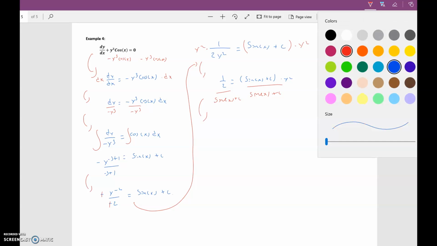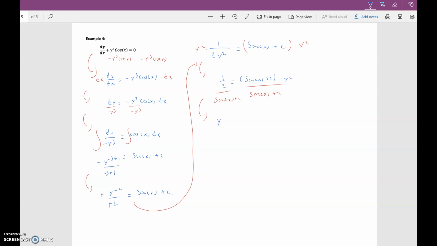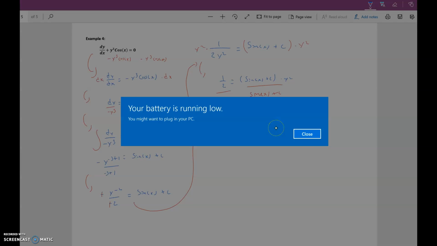And in this case, we end up with, and let me put the y to the second, it's going to be equal to 1 over the values of 2 times the sine of x plus c.